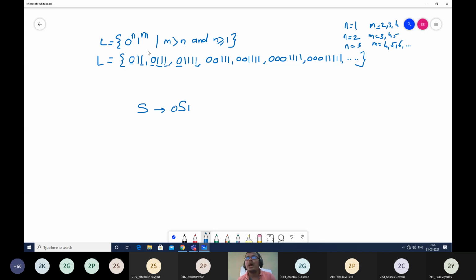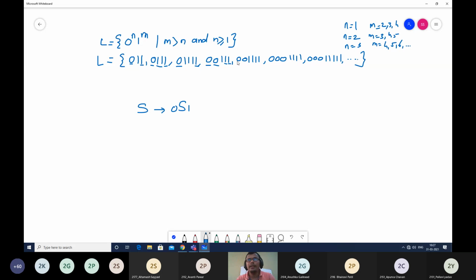But my dear students, our zeros are also repeating. Suppose I have 2 zeros. For this 0, I have one corresponding 1, and for this second 0, I again have a corresponding 1. So I can apply this again and again. If I want to repeat my zeros in my string, I can apply the same S gives 0 S 1. So for every 0, it will give me one additional 1.